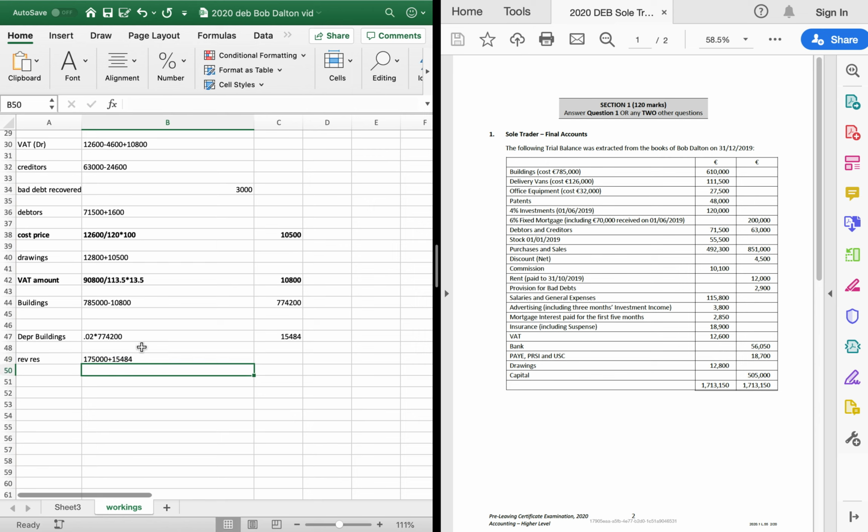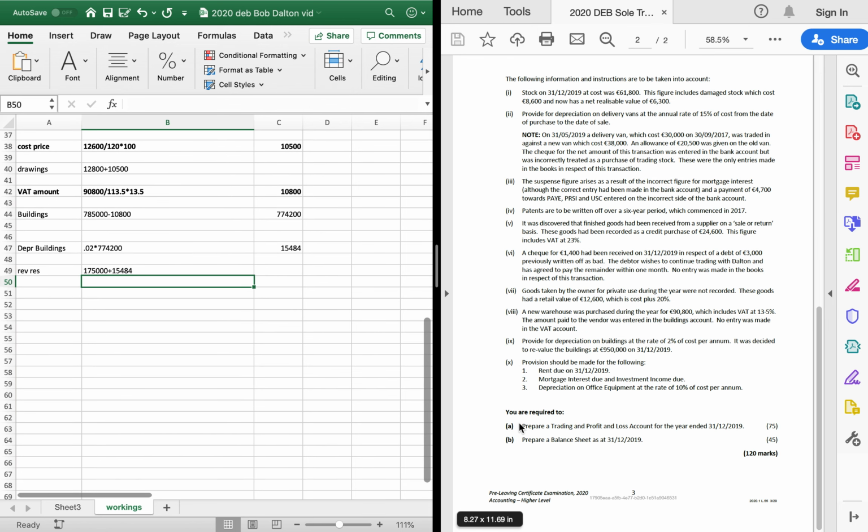And then we're also going to add on the difference between 774,200 and the new value of the buildings, which is 950. So we have to get them up to 950. So 175,800 gets added on to bring up to 950.